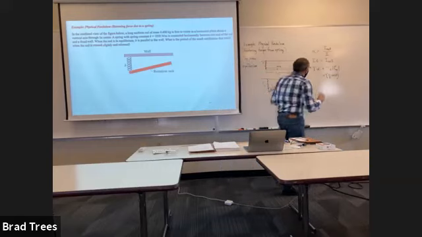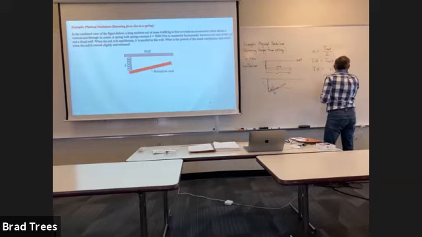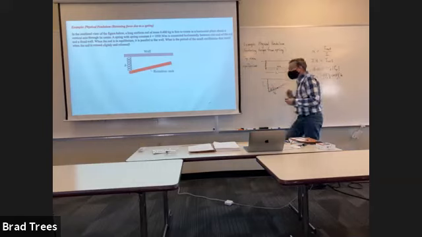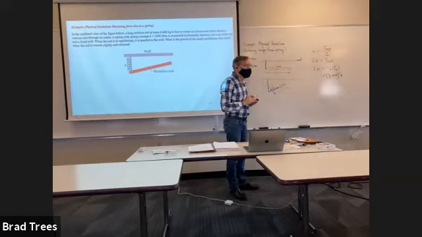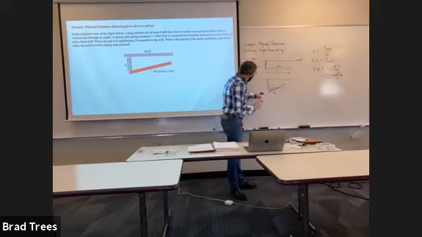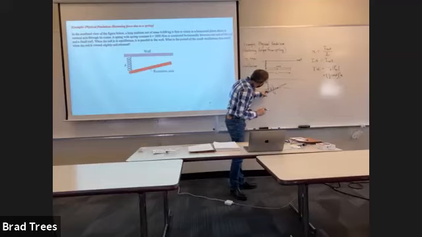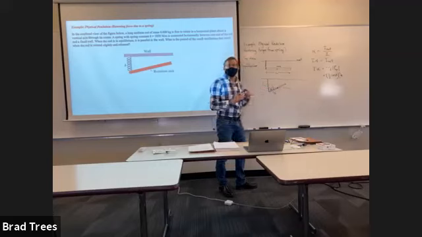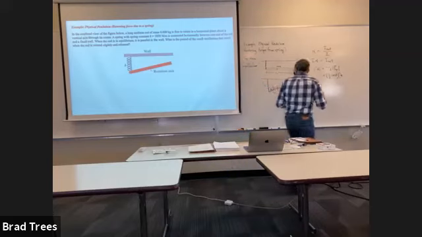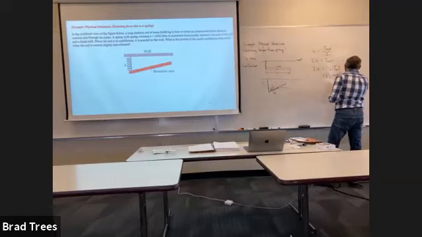Now, what about the spring force magnitude? Well, that's the spring constant K times the amount of stretch in the spring, Hooke's law. Well, how much stretch is there? It's that distance right there, which is the other short side of the right triangle. So that's L over 2 sine theta.